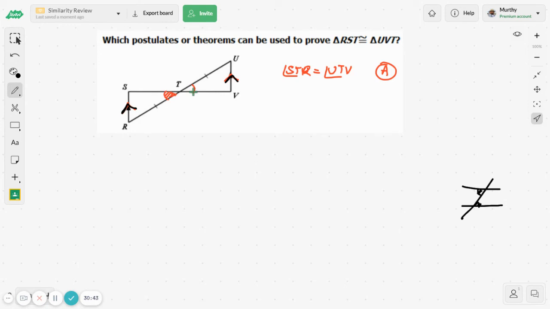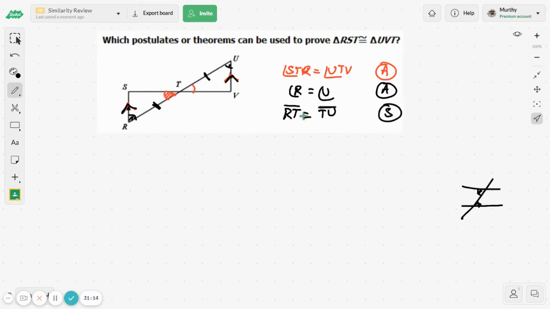We call them alternate angles. Therefore, if I take R and U, angle R equals angle U, these two are the interior alternate angles. And I see that this marking indicates that these two sides are equal, which is line segment RT equals TU. Therefore, it is AAS.